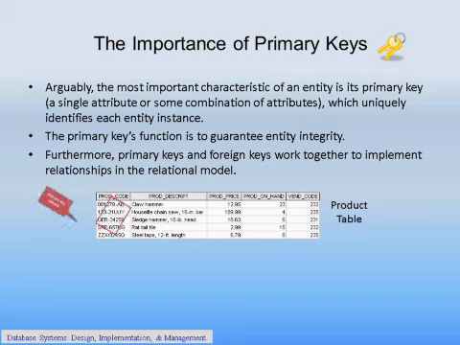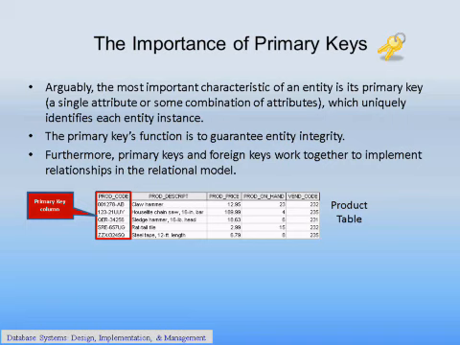For example, in the product table, the prod code is the primary key that uniquely identifies each distinct product. The primary key's function is to guarantee entity integrity. That is, in the product table shown, there cannot be two different products with the same product code. Each product has its own unique prod code value.